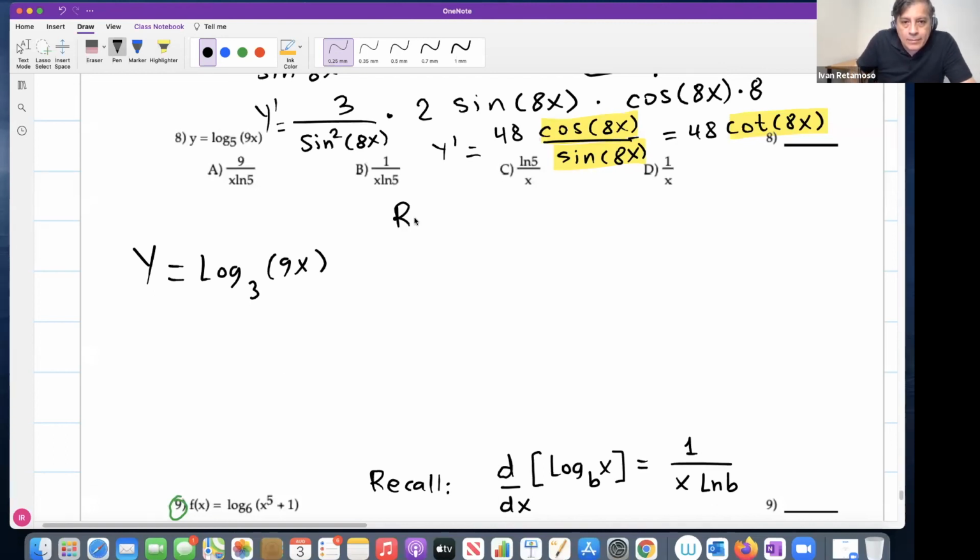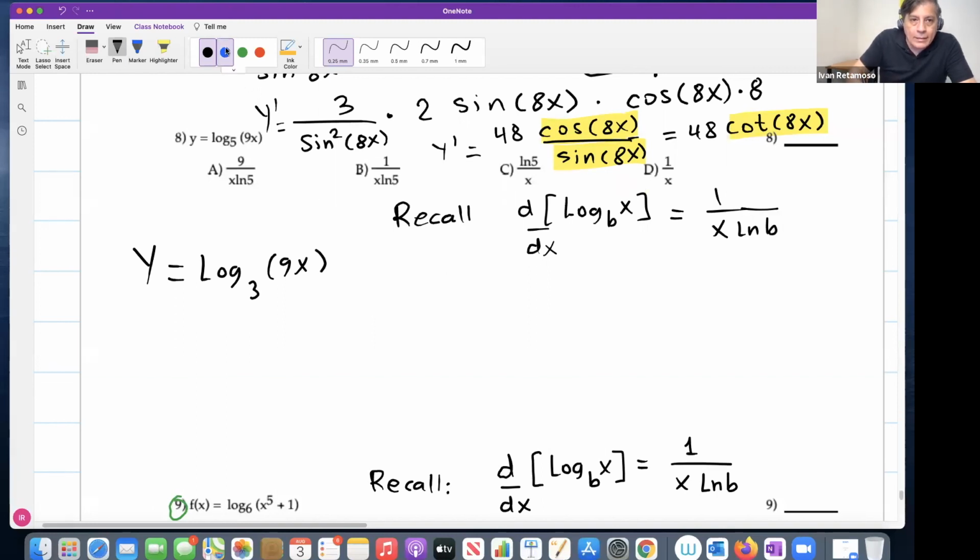Recall the derivative of log base b of x with respect to x is 1 over x multiplied by natural log of b. Use this formula together with the chain rule. This will be your outside function, and this will be your inside function.